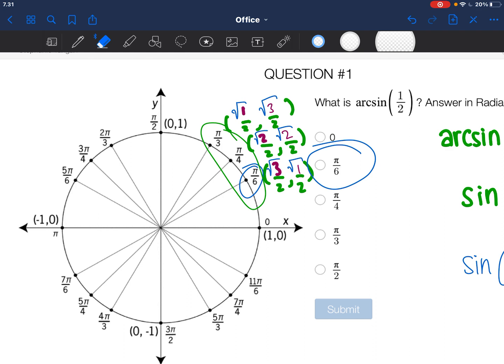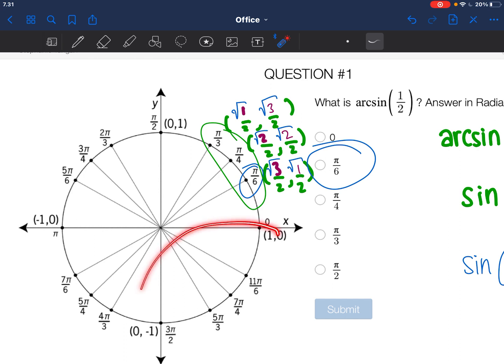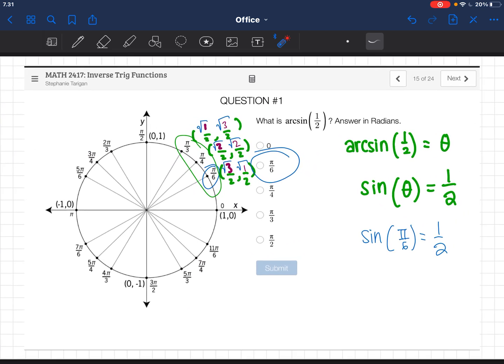Where in the unit circle when you have either x or y is negative, okay? So we have the second quadrant and the fourth quadrant, right? And again, we knew that the clue was it's pi over 4, right?